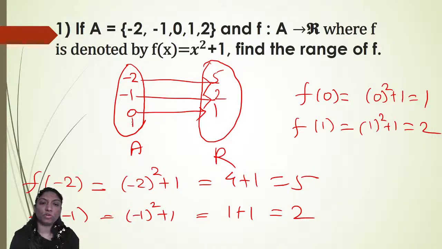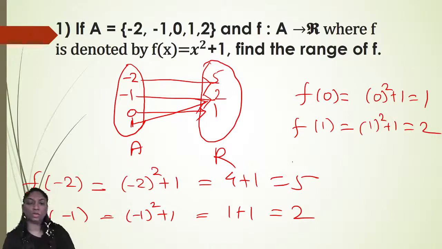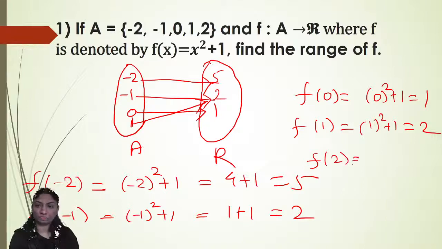Okay. f of 1 is 2. Now f of 2 is equal to 2 square plus 1, that is 4 plus 1, 5. So f of 2 is again 5.